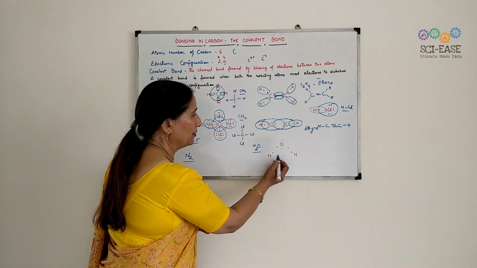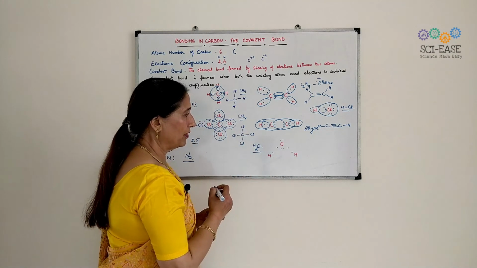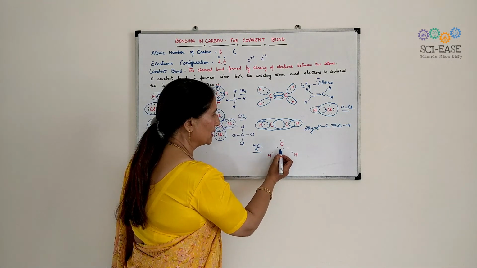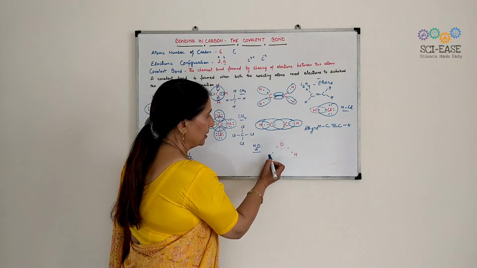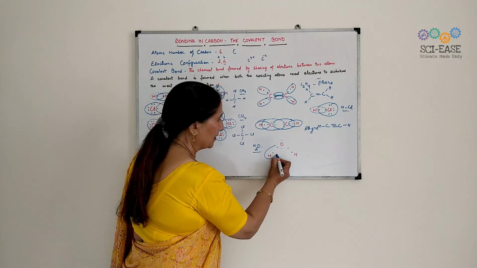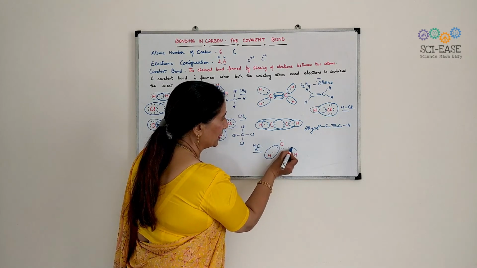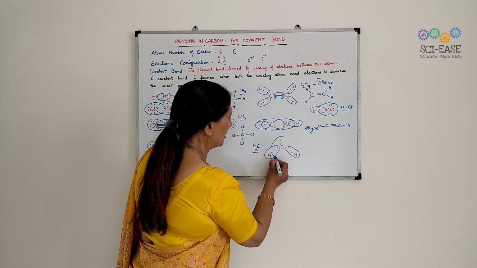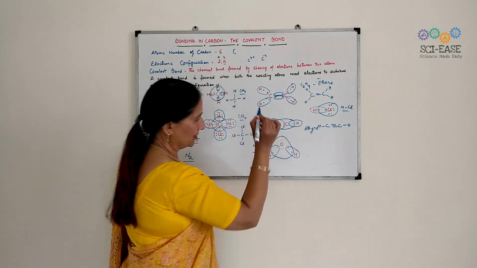And around hydrogen, only 1 electron around each hydrogen. So what will be the result? Like this.